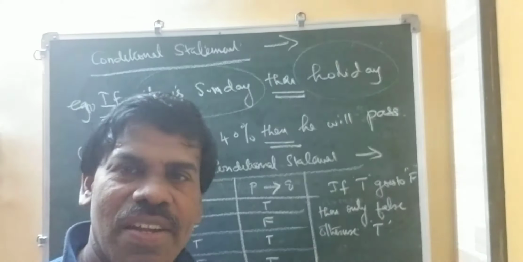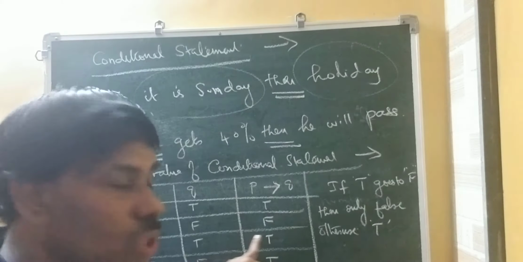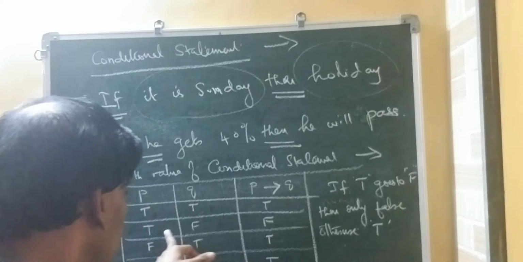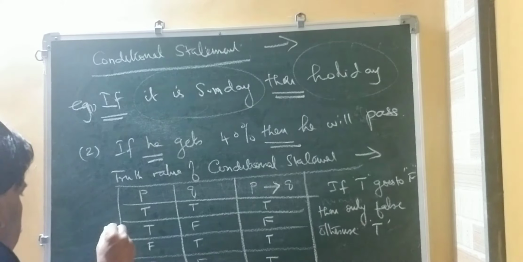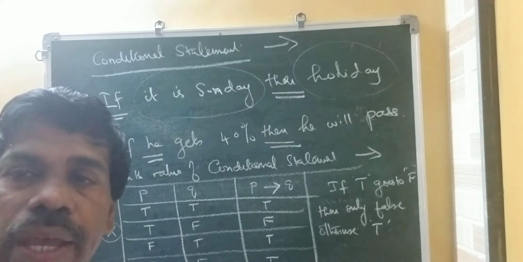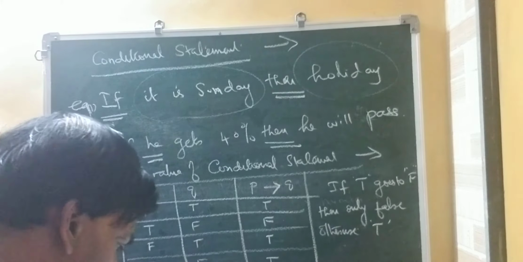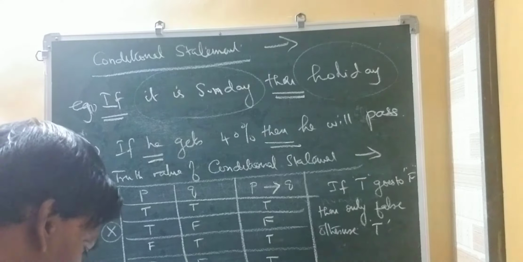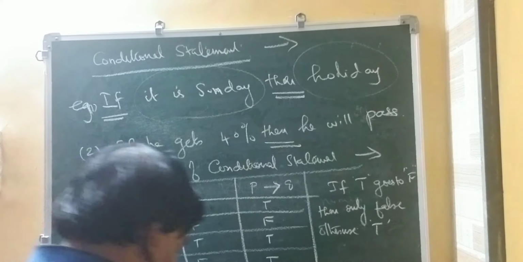What I said, if true goes to false, the second case, then only false, otherwise true only. Now we will see some examples.